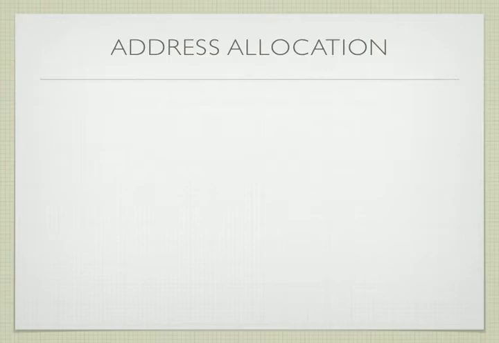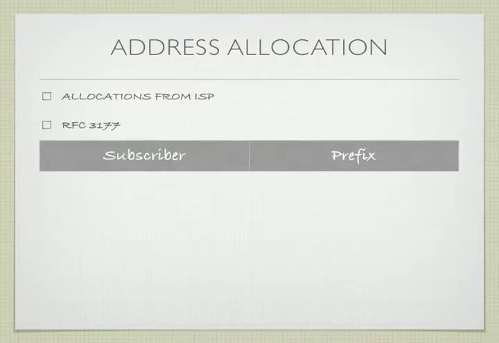Address allocation is pretty much the same as IPv4. You will get your IPv6 addresses from your ISP. The allocation methods are outlined in RFC 3177. And these are the scenarios.